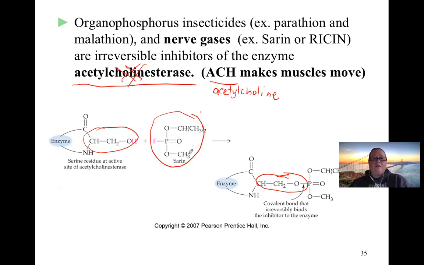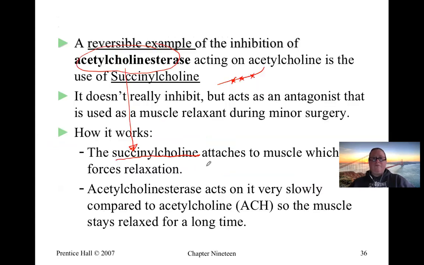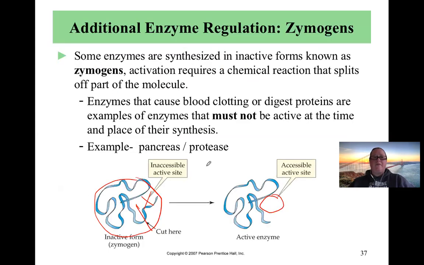The inhibitor actually bonds to the active site, and it is also irreversible. And succinylcholine is used in medicine to slow down the acetylcholinesterase from working on the acetylcholine, which allows your muscles to stay relaxed during surgery.